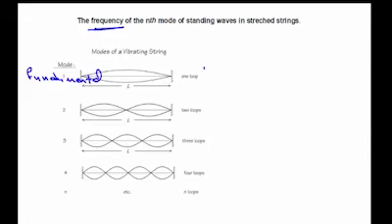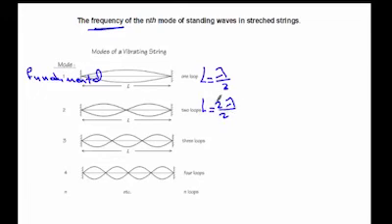Here, our length is half of a lambda, which is the separation of 2 adjacent nodes. Here we have the same length equal to 2/2 of a lambda, which is actually lambda.